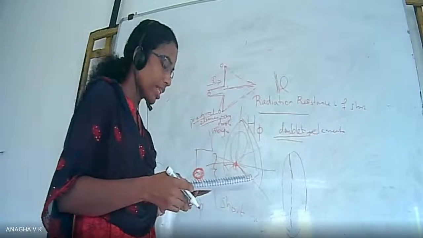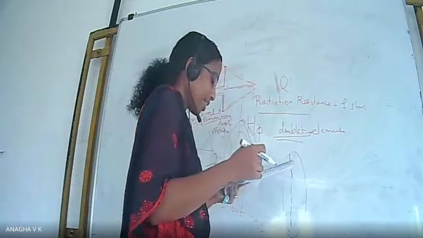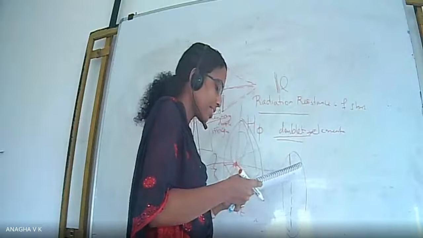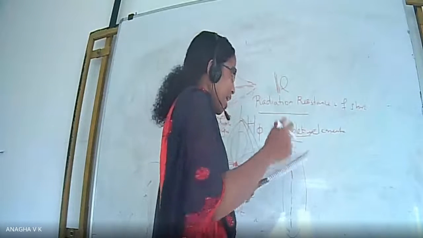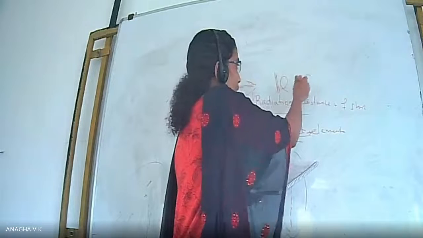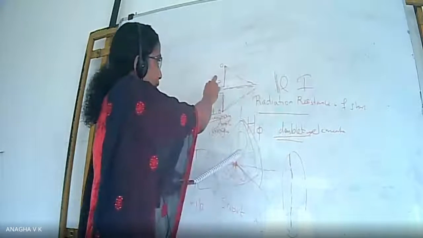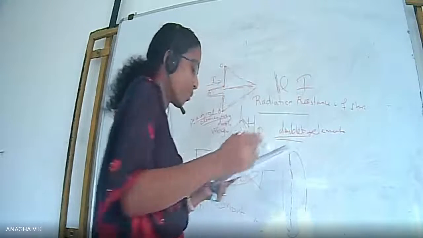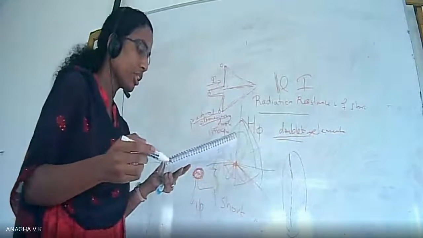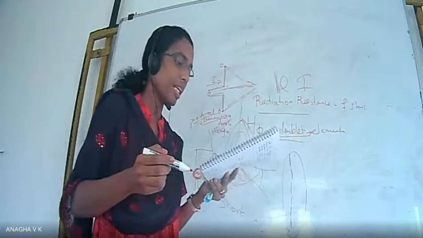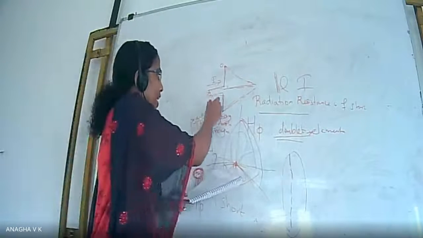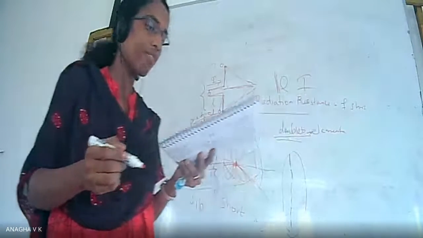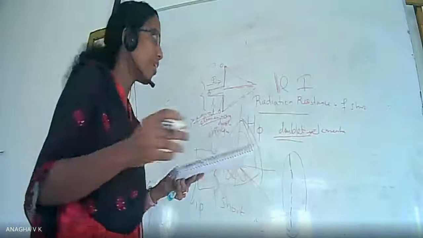So this current element has the same length, and we are giving the same input current I. Here we are giving input I, and the same input current I here also. Then what happens? The short practical dipole of length L, here also length L. The total length is L. So the short dipole of length L will radiate only 1/4.